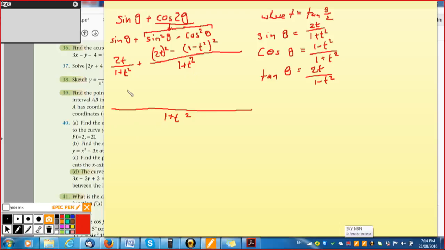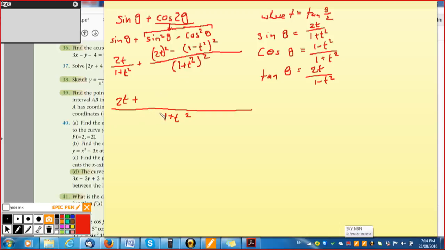So you should be getting 2t plus, hang on, 1 plus t squared all squared. That's what I should be getting. That makes sense. All right.